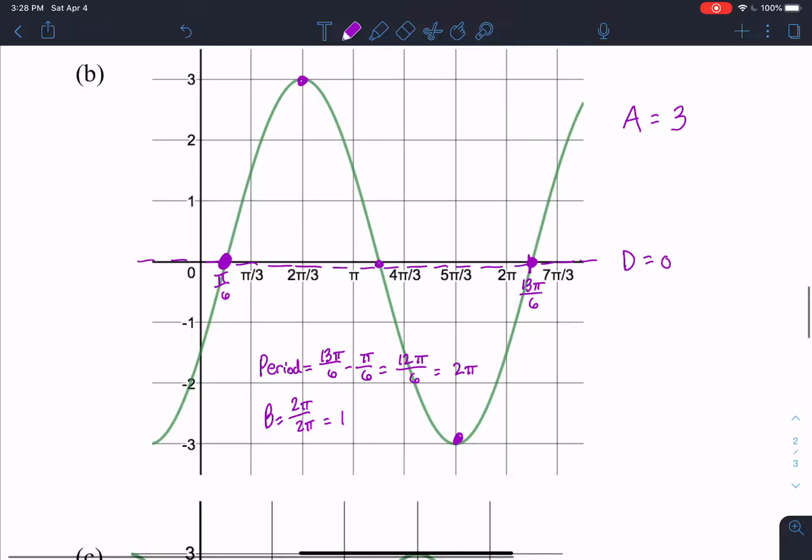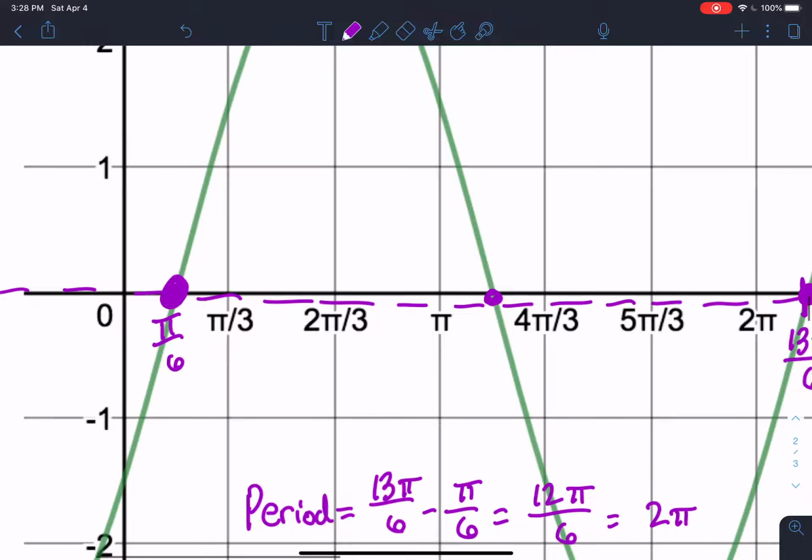So I have my amplitude, I have my period, I have my axis, so I can write the equation. We're starting at pi over 6 now instead of 0. So this is going to be y equals 3 sine of x minus pi over 6. And then there's no shift up or down.